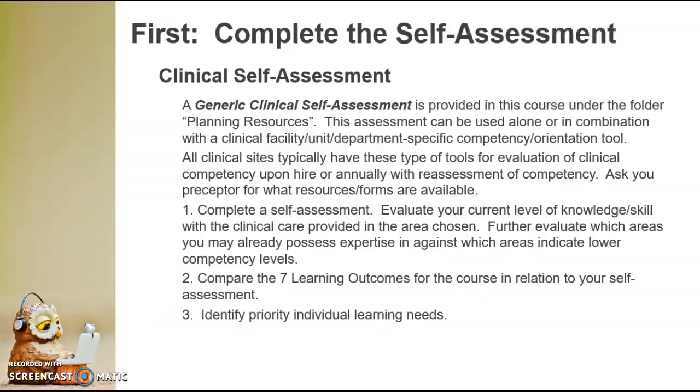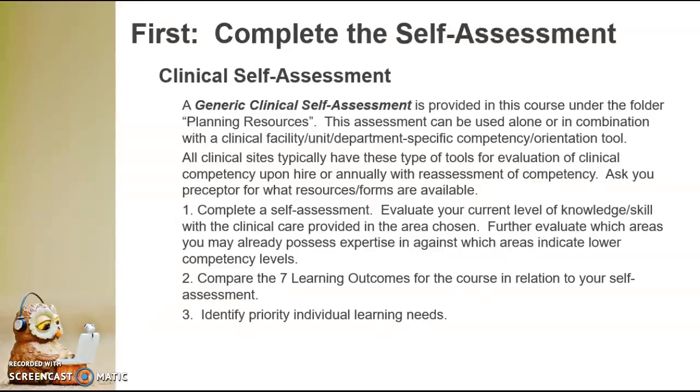Whatever tool you decide to use, you will be asked to upload it so that the faculty assigned to the course can review it and compare, does your self-assessment match up to what your goals are?